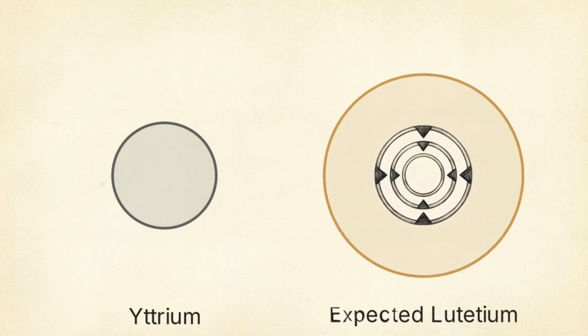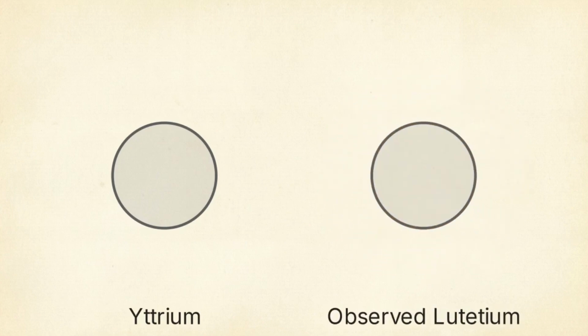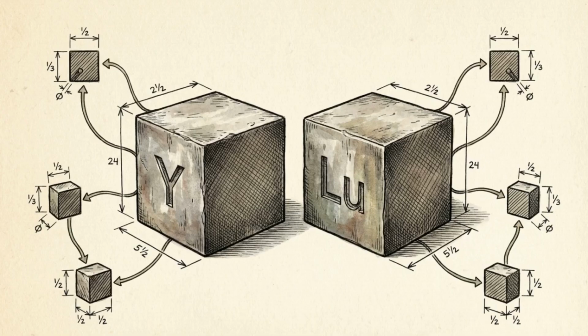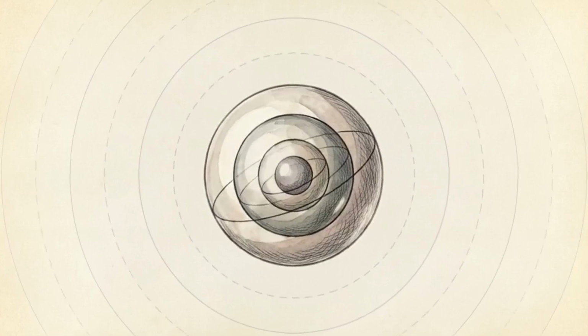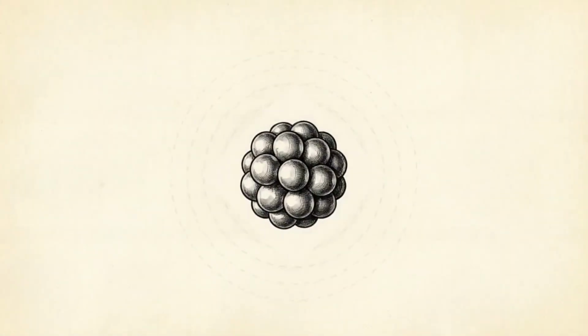Yet, despite the addition of subatomic particles, lutetium's atomic radius is practically identical to yttrium's. This size parity creates an unusual situation, a heavy element mirroring the physical dimensions of a much lighter one. The explanation requires looking closely at the quantum mechanics of the shells themselves.